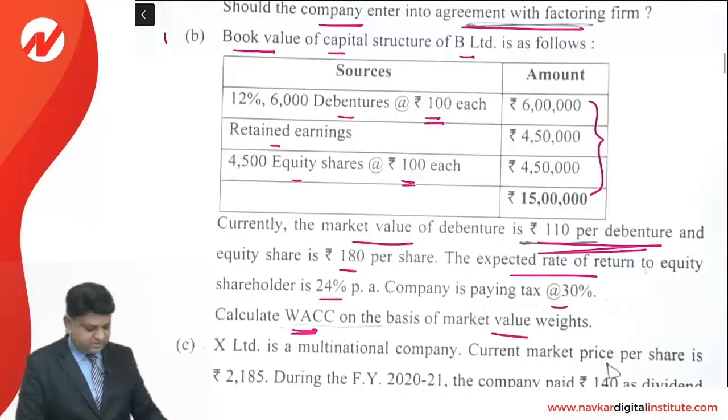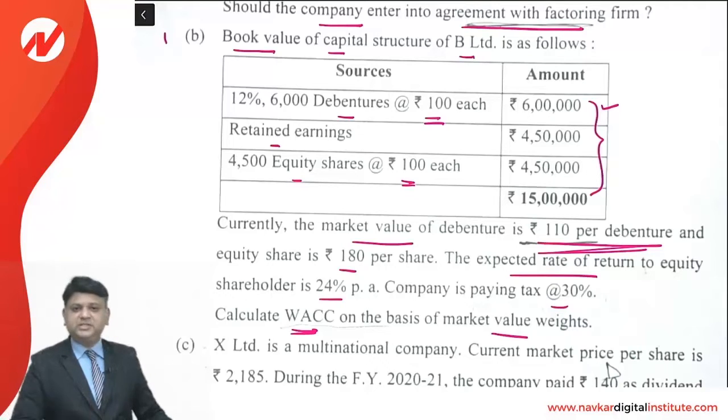That is the question. So over here the question says that you are required to make the computation of the weighted average cost of capital, and in that, importantly, you are required to take the market value weights. Dear students, directly or indirectly, no information is given about the redemption of the debenture.